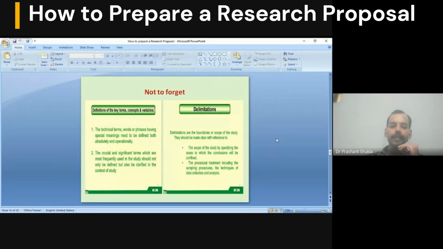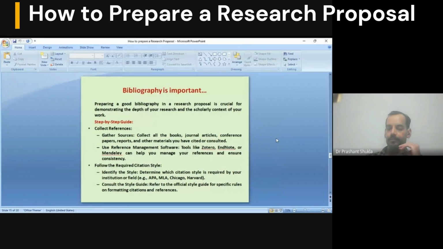And then, as I have already said, the delimitation should be made clear by the researcher at the very outset. As we have seen, later on you have to make a chapter division. It is a tentative chapter division, but it should give a clear impression that you know your work. You know how to divide the entire discussion.